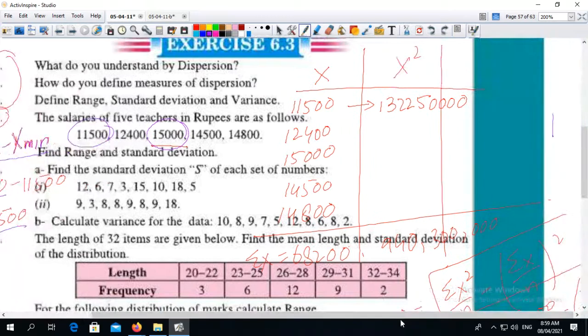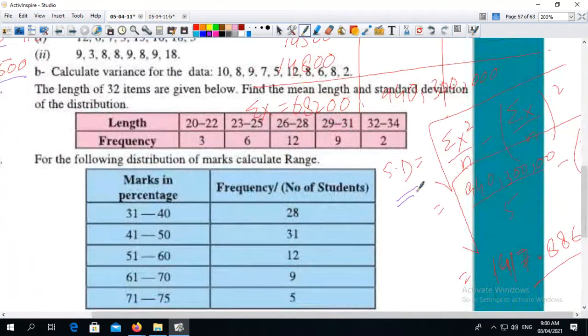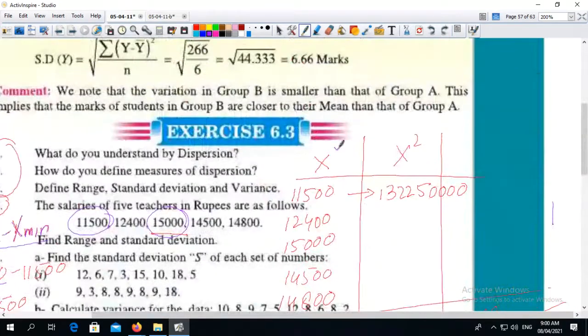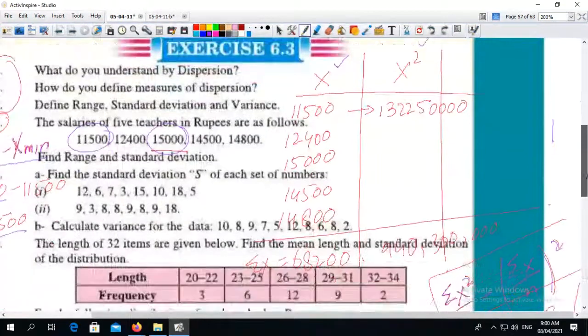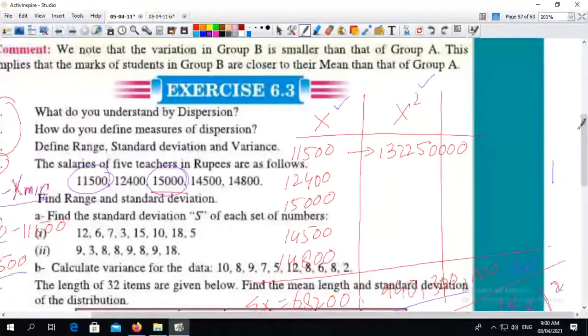After this we have to find standard deviation. The standard deviation formula is square root of summation x square by n minus summation x by n whole square. For this purpose, we have to find x, x square, summation x and summation x square. I write x, and we take the square of these and then add them.